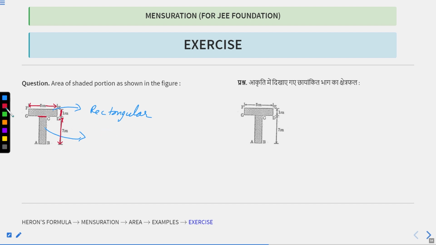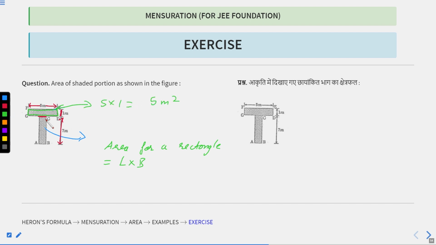So we know the area of a rectangle: area is equal to length times breadth. For this rectangle, the area is equal to 5 times 1, which is 5 meter square.